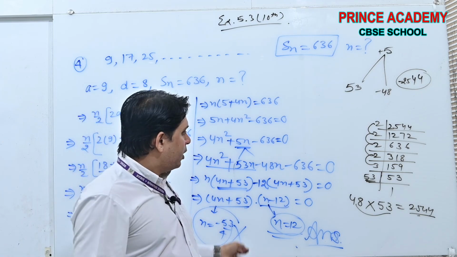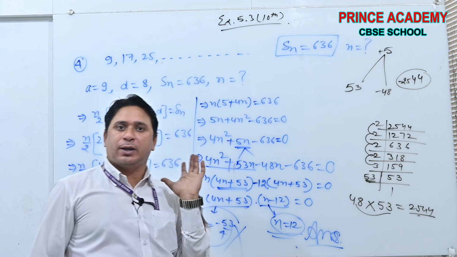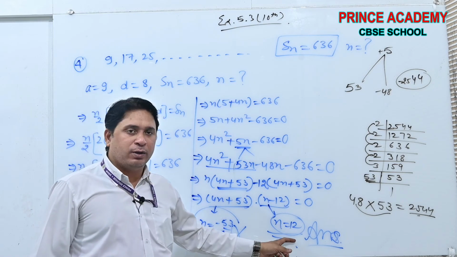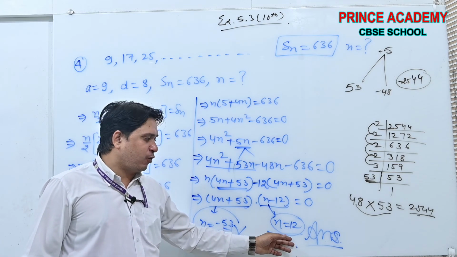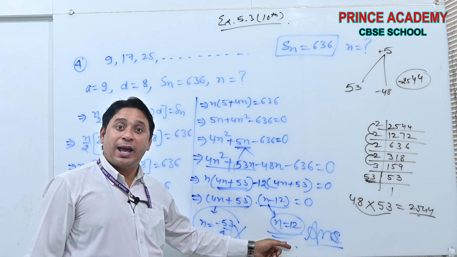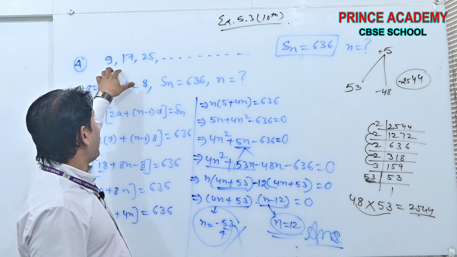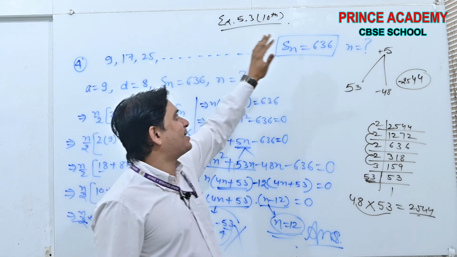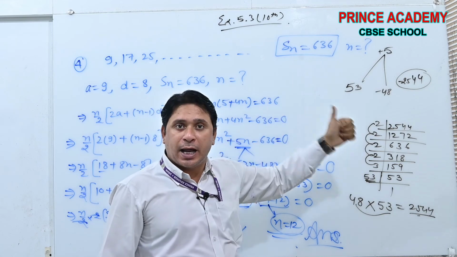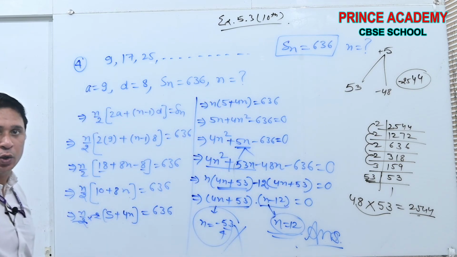Choice is yours. Whichever method you want to use, you can use. Then you will find n is 12. That is, 12 terms of this AP will give us the sum of 636. Done beta? Now you can take the screenshot.